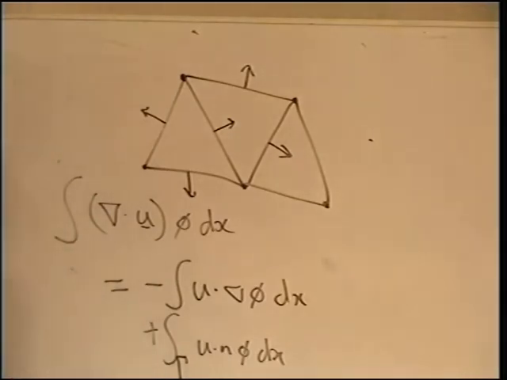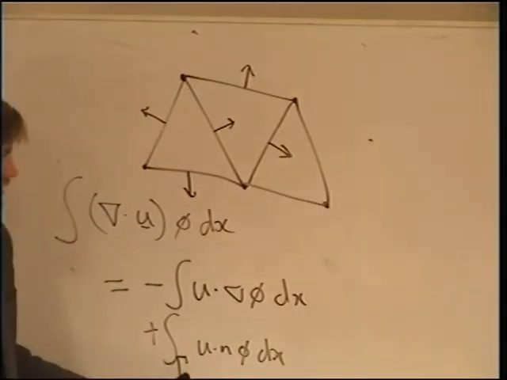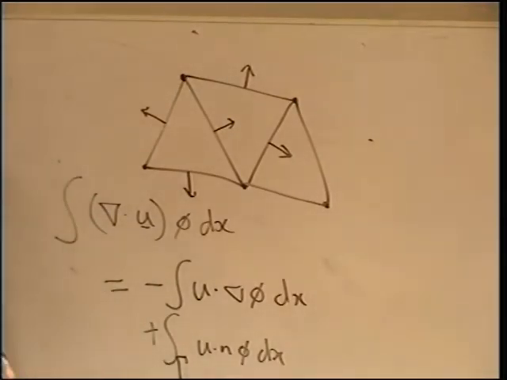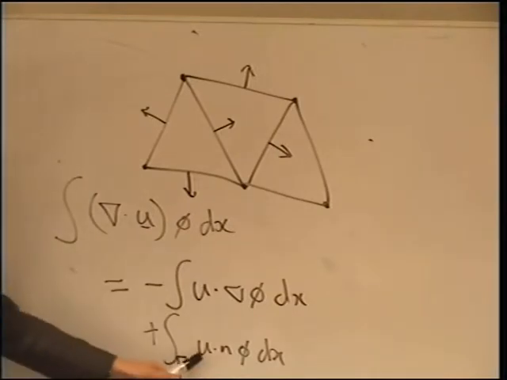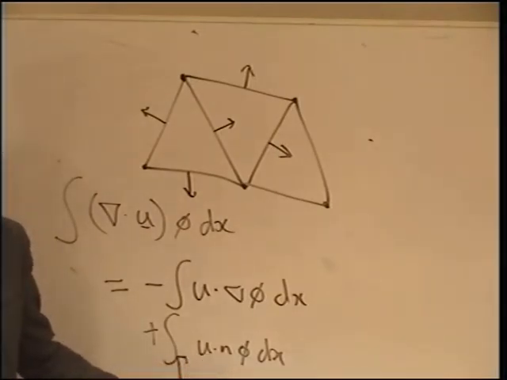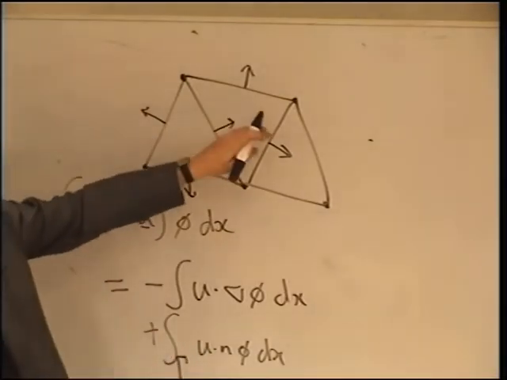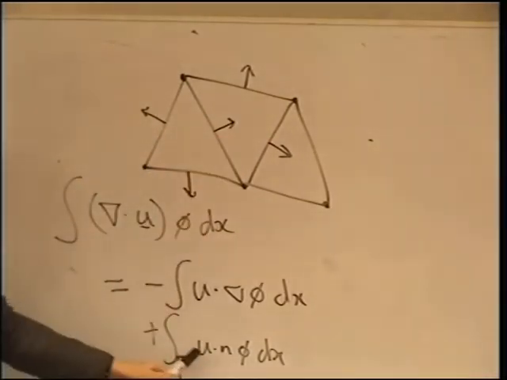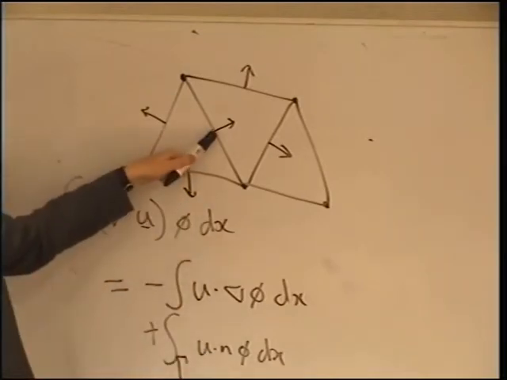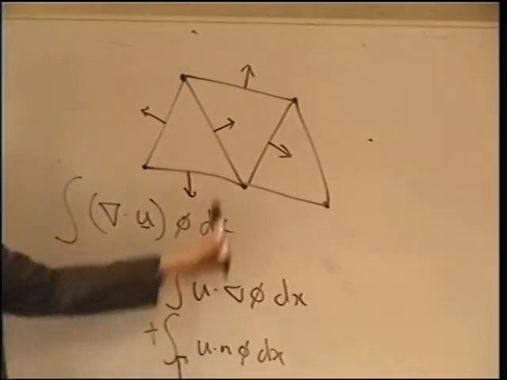And so what we discovered previously is that in order for the weak derivative to actually work out globally, these need to cancel from both sides. So they cancel as you go over the element edges if u dot n seen from this element is minus u dot n seen from this element.